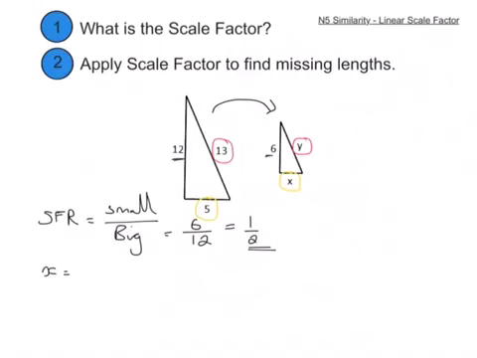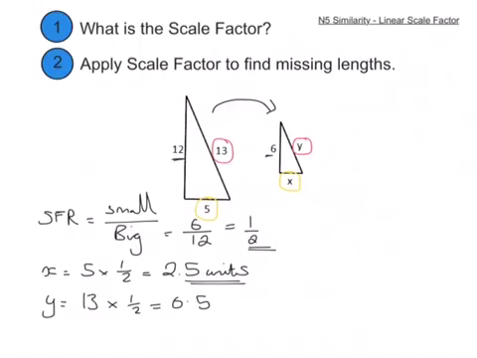So to get x, we're doing 5 times a half, which is the same as just dividing it by 2. You get 2.5. And we don't have any units, so I'll just put units. Okay, and then to get y, you're just doing the 13 times a half. Okay, and you get 6.5. And you're done.